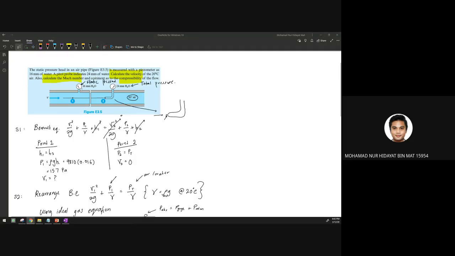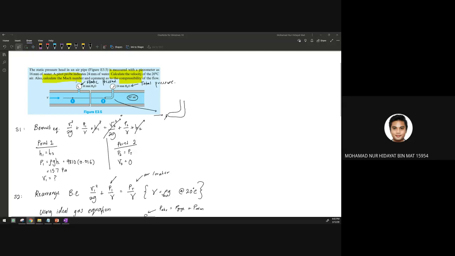Alright, so now there are two cases. Fikri, try to read the case again. A static pressure head in the air pipe shown is measured with a piezometer as 16 mm of water.